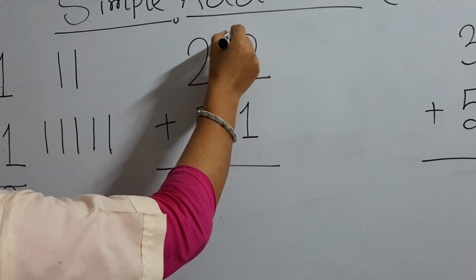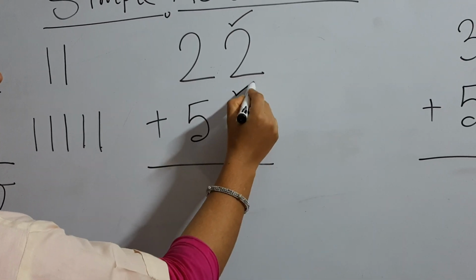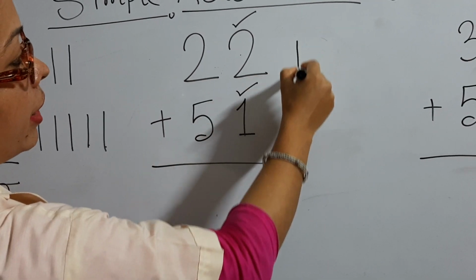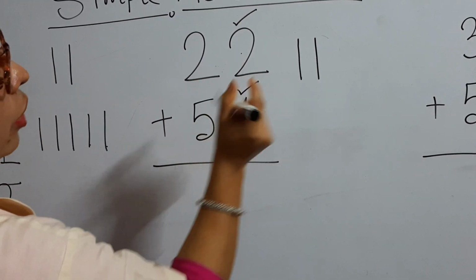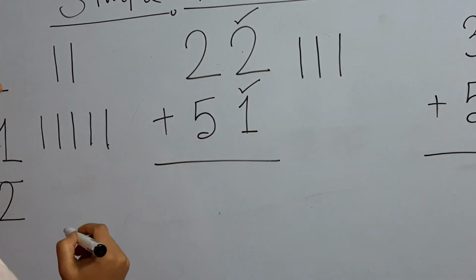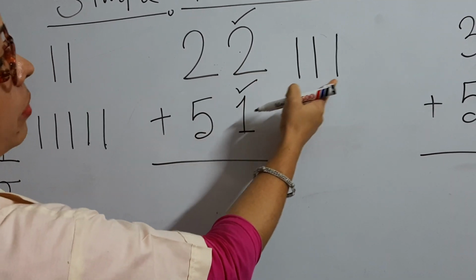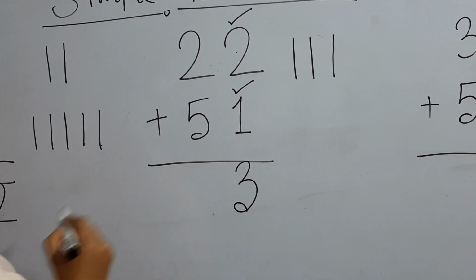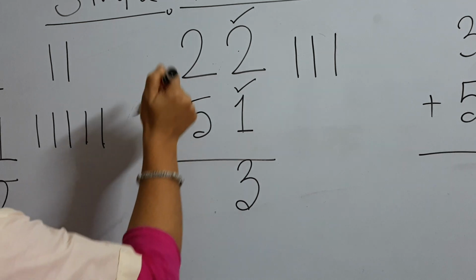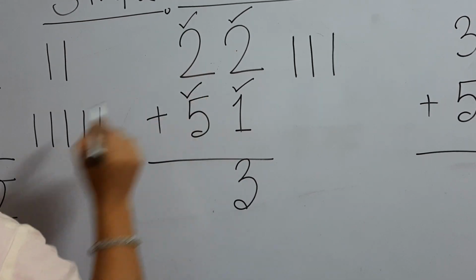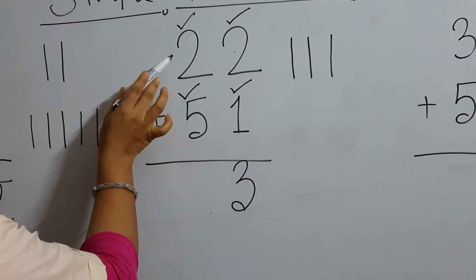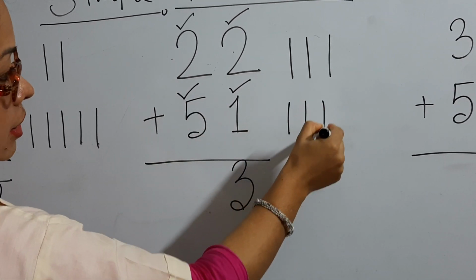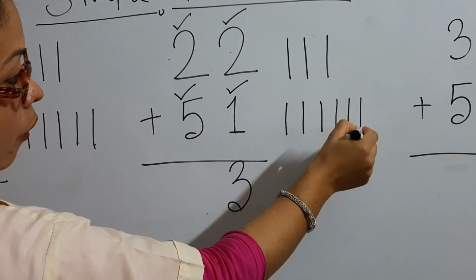The ones place is 2 and the ones place is 1, that is 2 plus 1. Put the lines: 1, 2, and here 1. Finally it becomes 1, 2, 3, so the ones place is 3. Next, tens place with tens place: here 2 and here 5, 1, 2, 3, 4, 5.